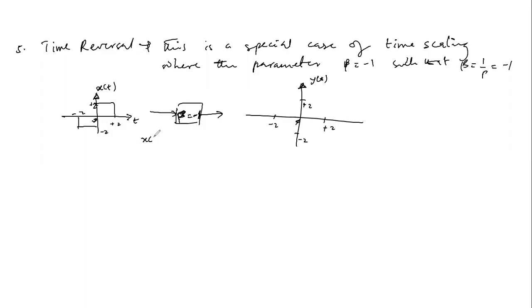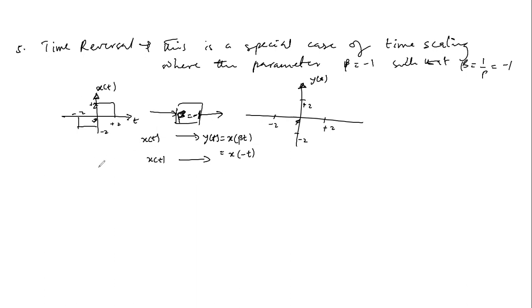Because here we have s of t at the input, so it goes through the system. So we have y of t being the same as s of beta t, for which beta is -1, so s of -t.